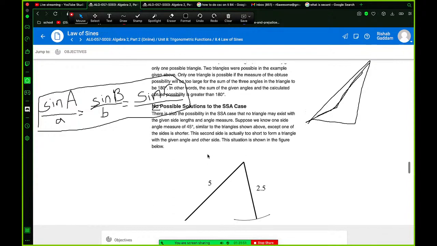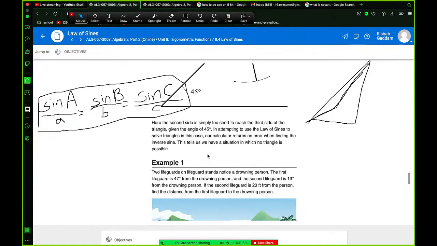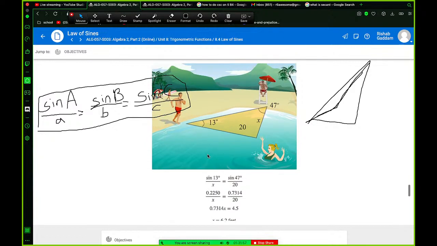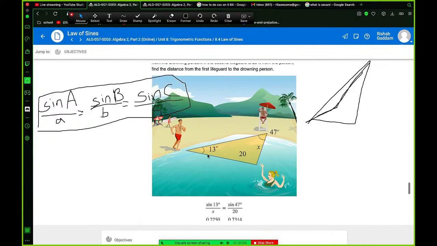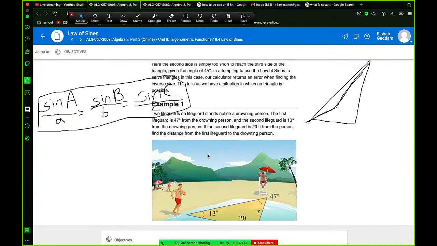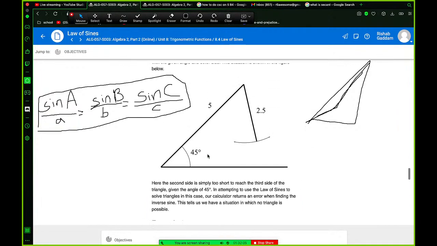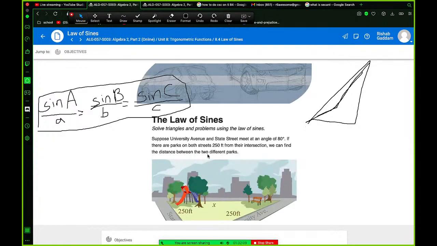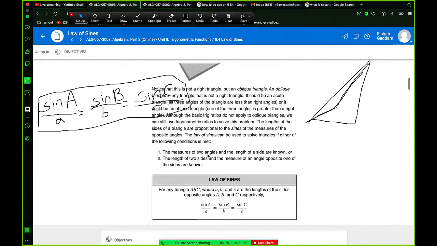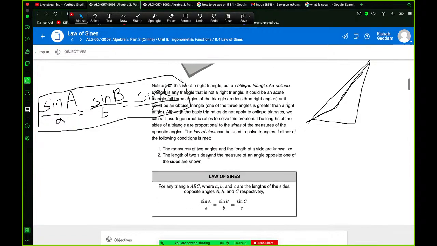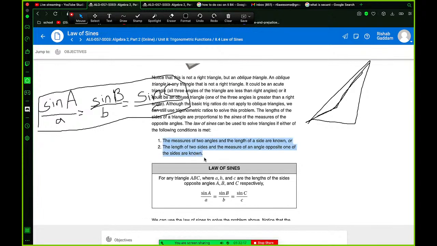I forgot where to find the thing. Okay, here. This is where it is.